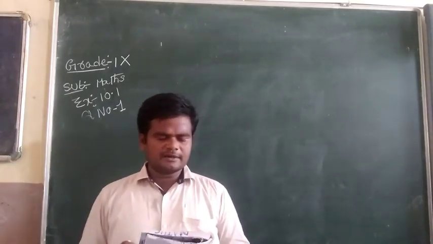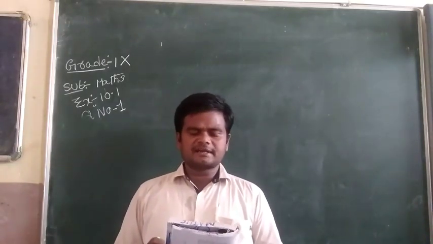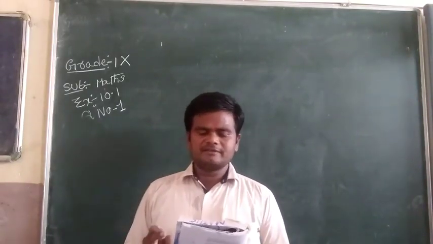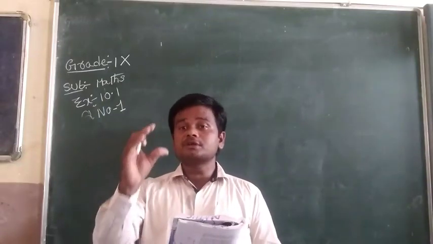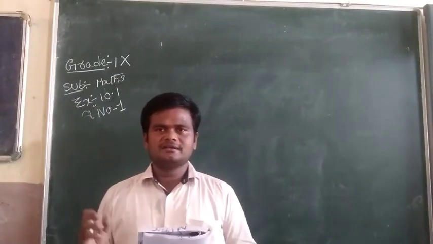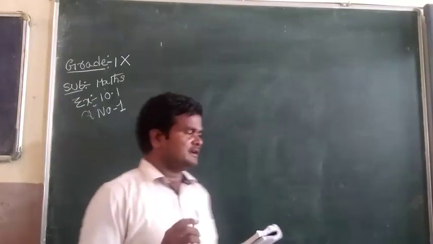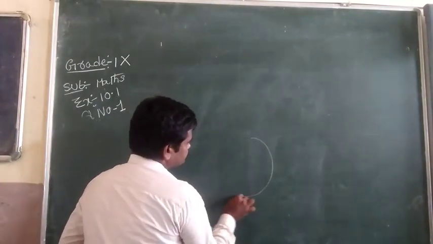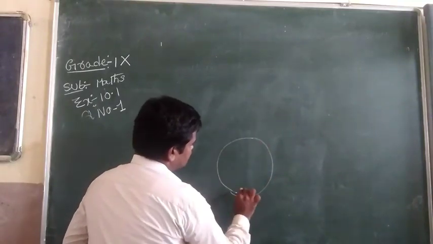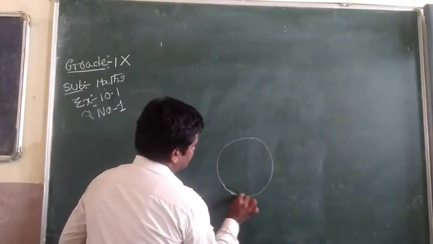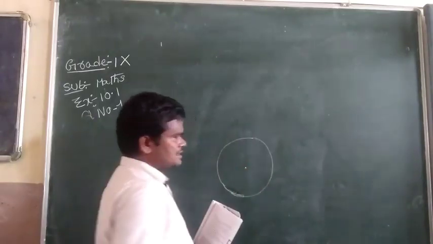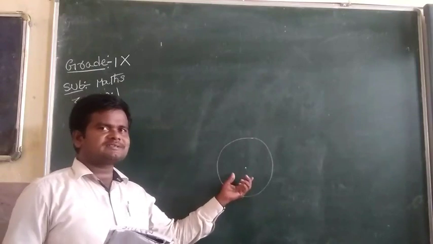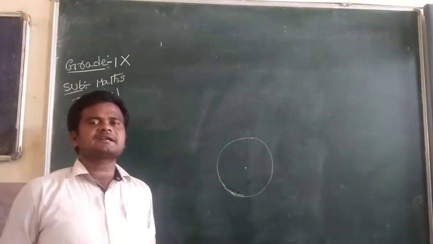The first one: the center of a circle lies dash of the circle. Here, the center of the circle is positioned where in the circle? Given this is the circle and this is the center, is the center inside the circle or outside?